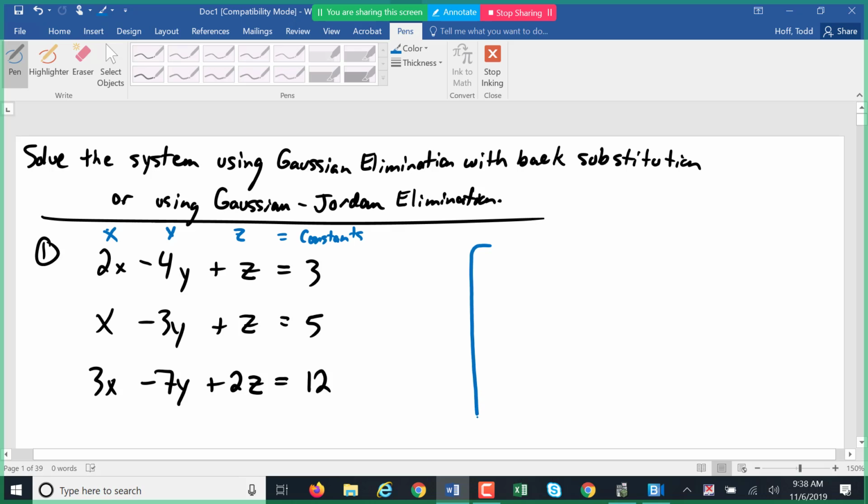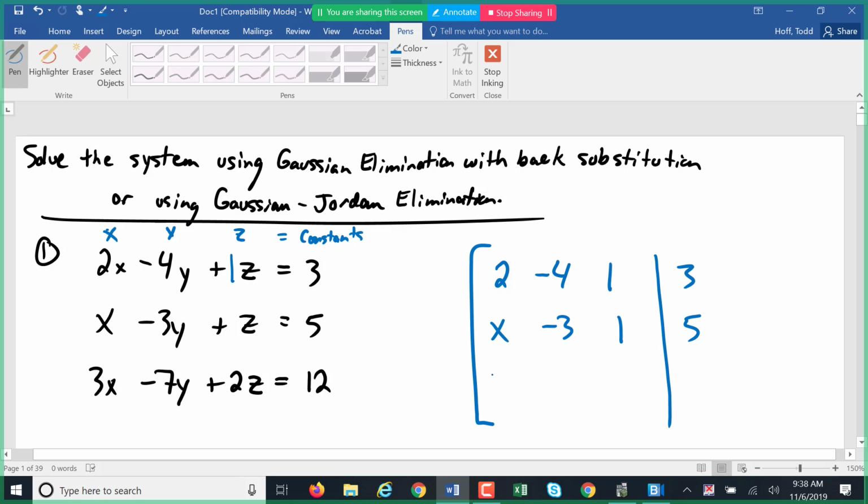So the system is set up and lined up in such a way that we can translate it into a matrix real quickly. So that first equation is going to give us a row of 2, -4. That's just a z, so we think of that as a coefficient of 1. Then it's augmented with the constant of 3. The second equation gives us 1, -3, 1, and then augmented with 5.